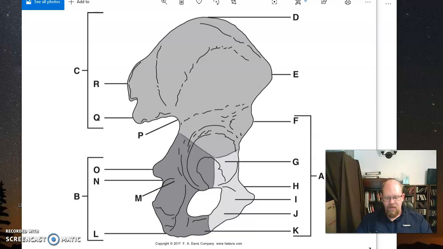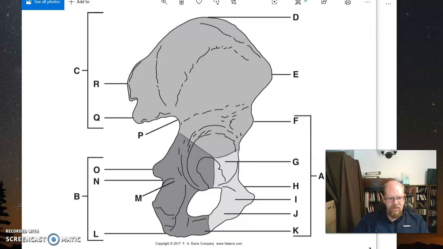P, that is the greater sciatic notch. Let's look at the letter O. O is the ischial spine. N, lesser sciatic notch. M is pointing to the ischial body.